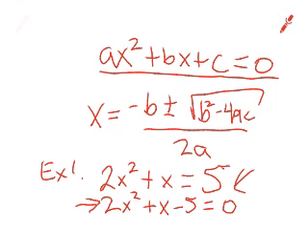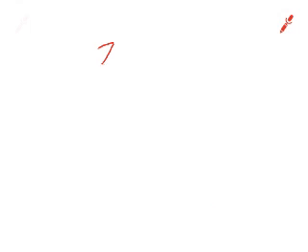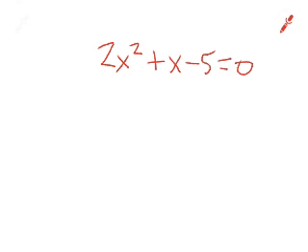Okay, so how can we find the solutions to this particular quadratic? The way that we're going to do that is we're first going to identify the a and the b and the c values. The a value is always the coefficient of the x squared.